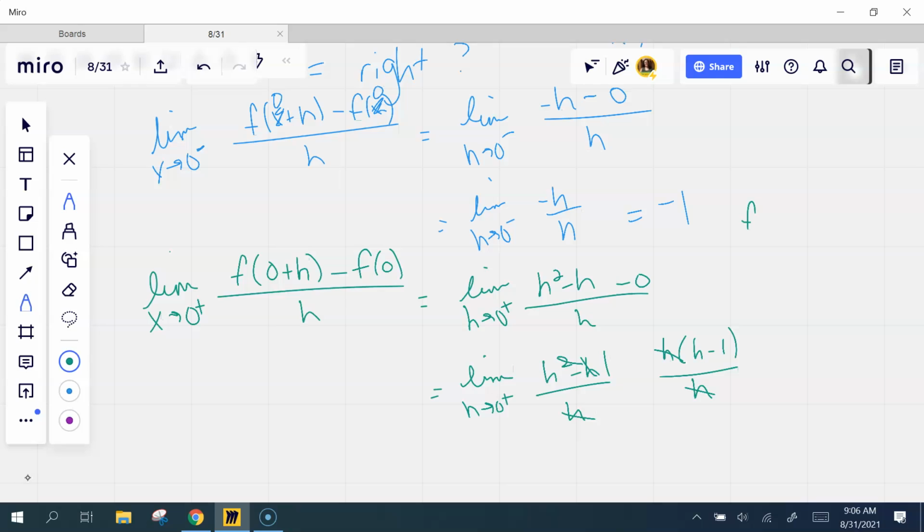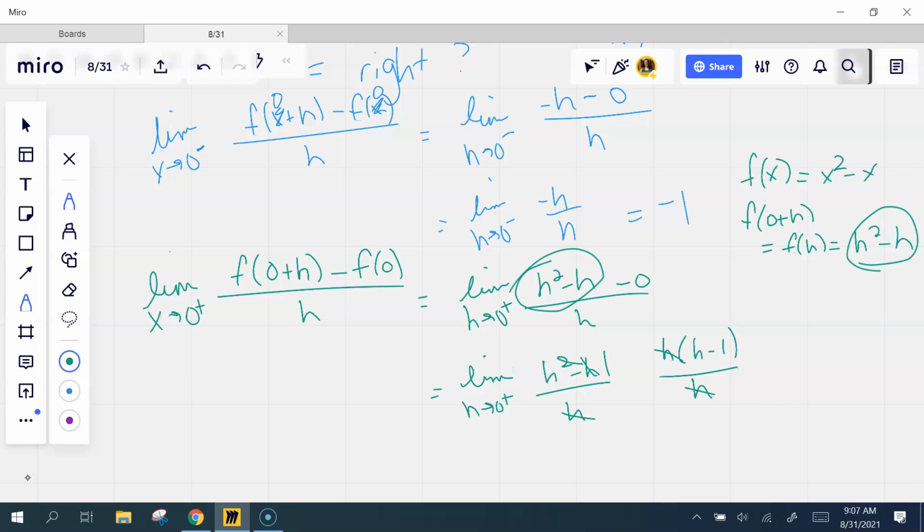All right, look, f of 0 plus h is the same thing as f of h, which is h squared minus h. Because f of x, when I'm approaching from the right side, is x squared minus x, right? So this is where this comes from.